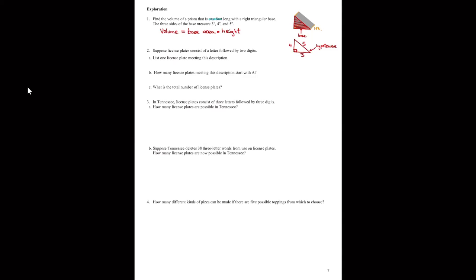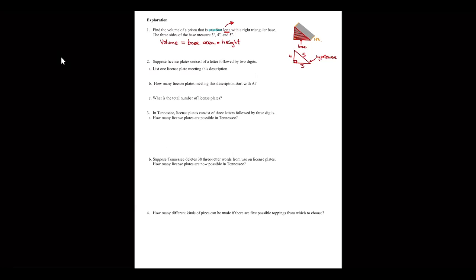Something that's very important that gets lost very easily, when they say 1 foot long, you're going to have a battle when it comes to language, and I don't mean necessarily English language learners. That's always a consideration.